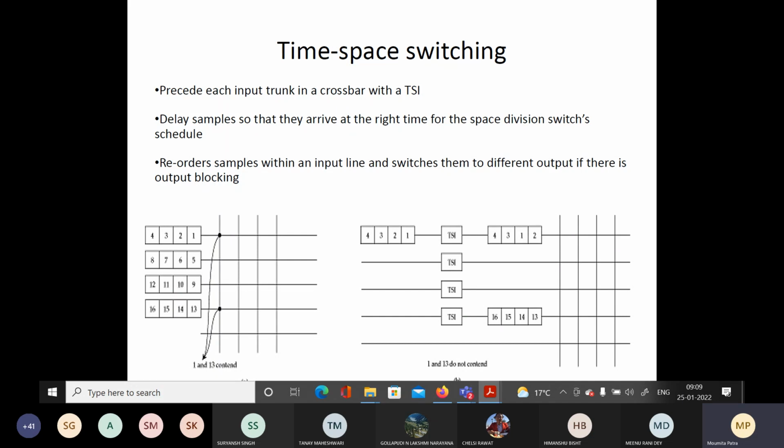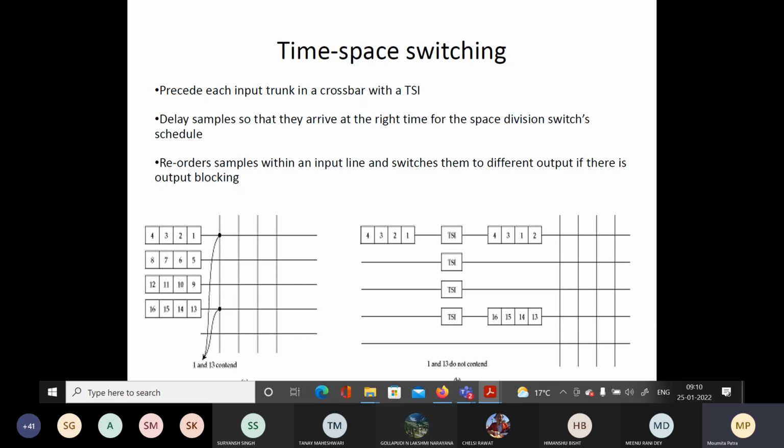As an output of the multiplexer, we get a frame with different samples, and then we enter that sample through a TSI and then send it to the demultiplexer. That's what we had seen when we were talking about TSIs. So here, how can we work that out?